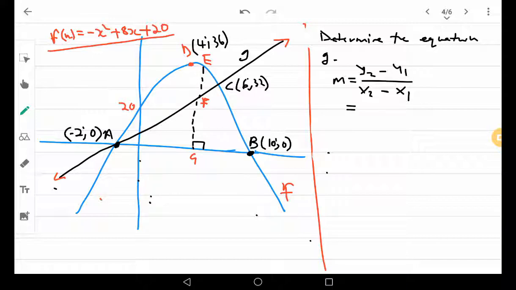And then we substitute the points. You have 32 minus 0, over 6 minus 2. Then we get how much?